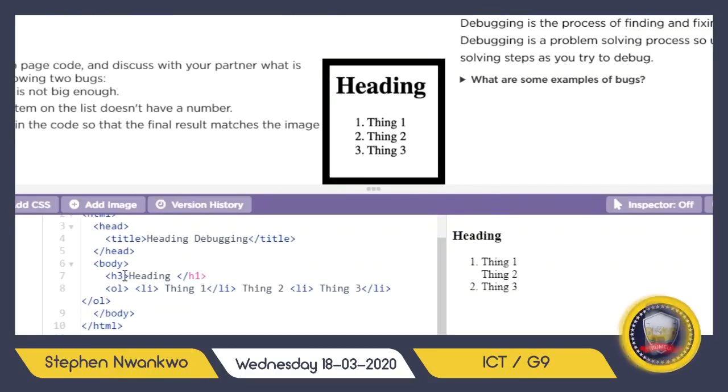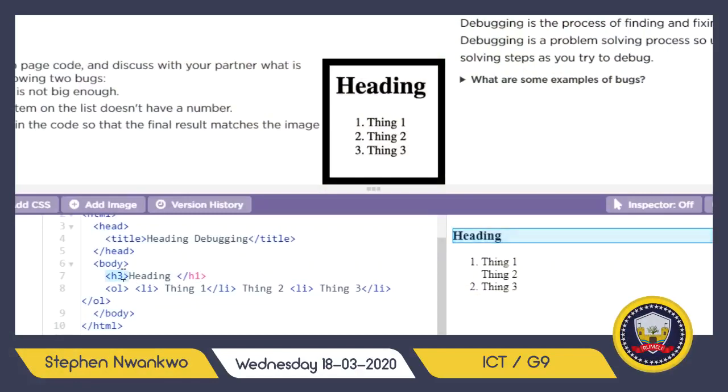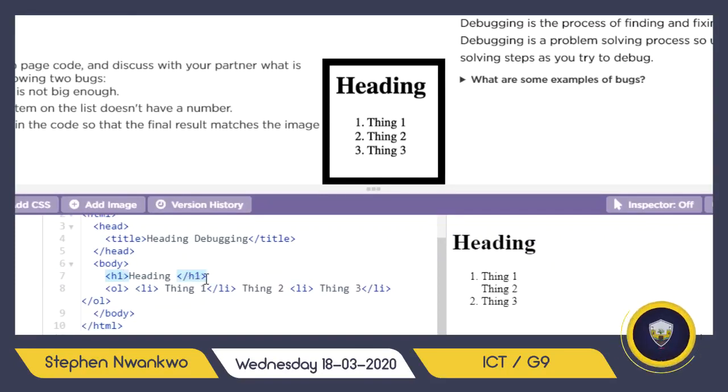So here we have H3 opening tag and H1 closing tag. What are we going to do to debug this? Now the first heading is what? H1. So we choose H1 as the first heading tag. So over here we remove H3 and write H1. Now the pink color disappears, showing that we have debugged the web page.